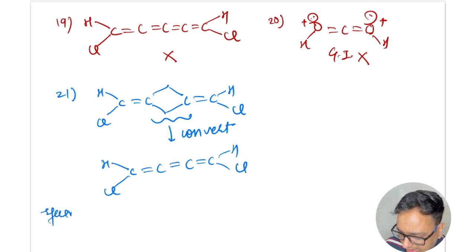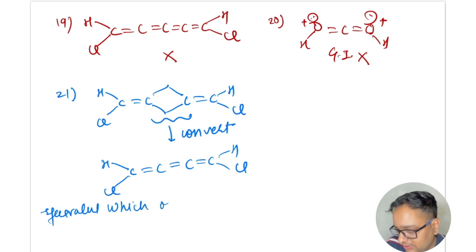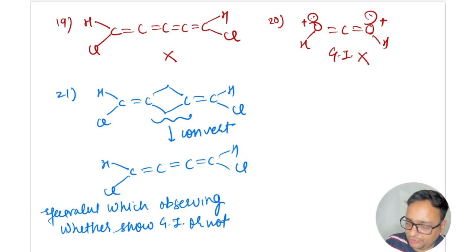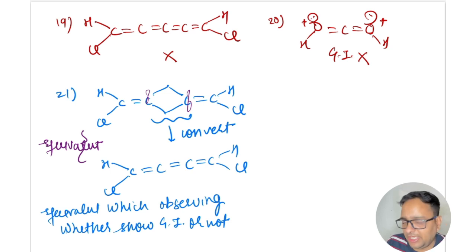These two are equivalent while observing whether it shows geometrical isomerism or not. Okay, 21. So this is an equivalent structure. How is it equivalent? Again, it is related to chemical bonding. We have a pure metal here, and you will apply your chemical bonding concept here, and you will get why it is so.